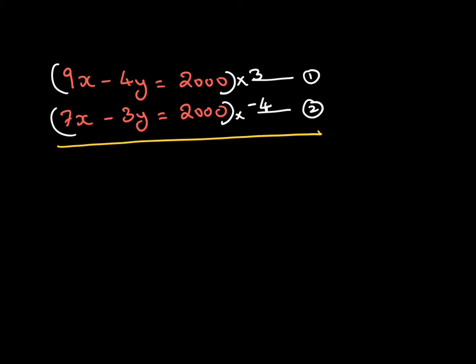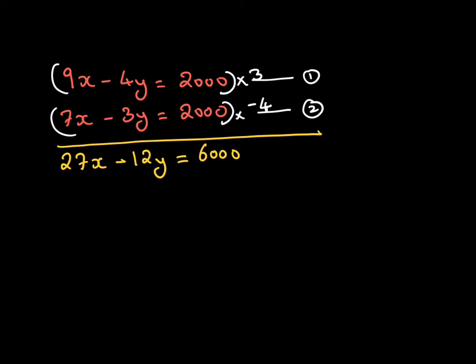Our first equation becomes 9x times 3 is going to be 27x, minus 4 times 3 is 12y, is equal to 2000 times 3, 6000.